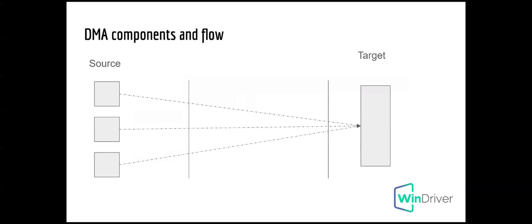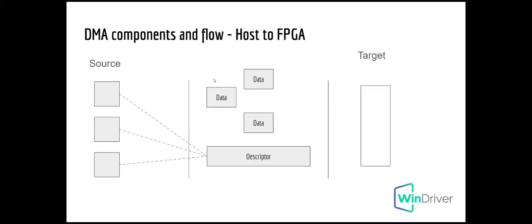Generally, when we're talking about DMA, we want to move data from one place to another, the source and the target. It can be the host and the FPGA, or the FPGA and the host, or not FPGA, just a device, but we want to move data.